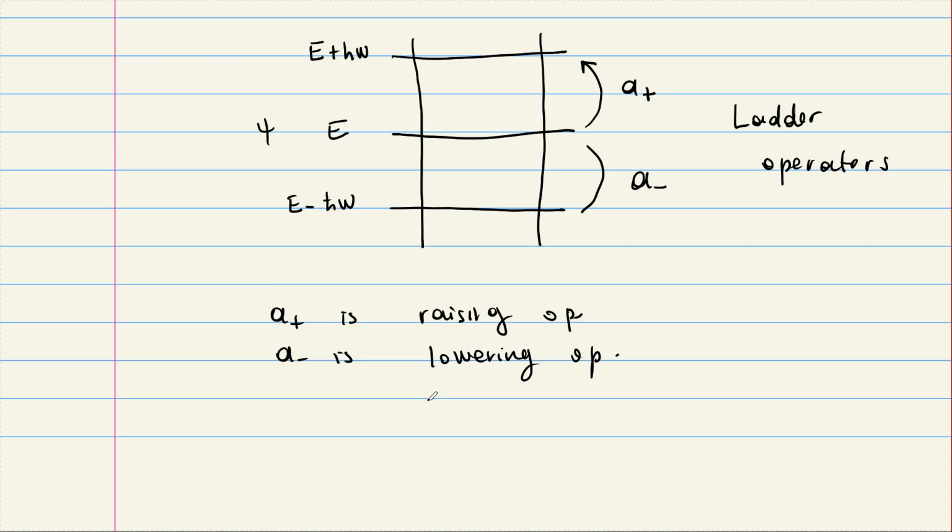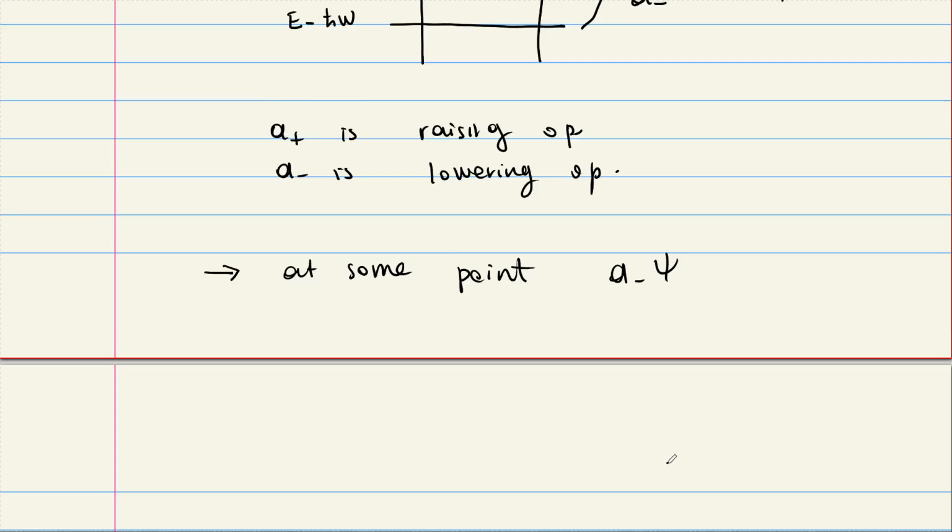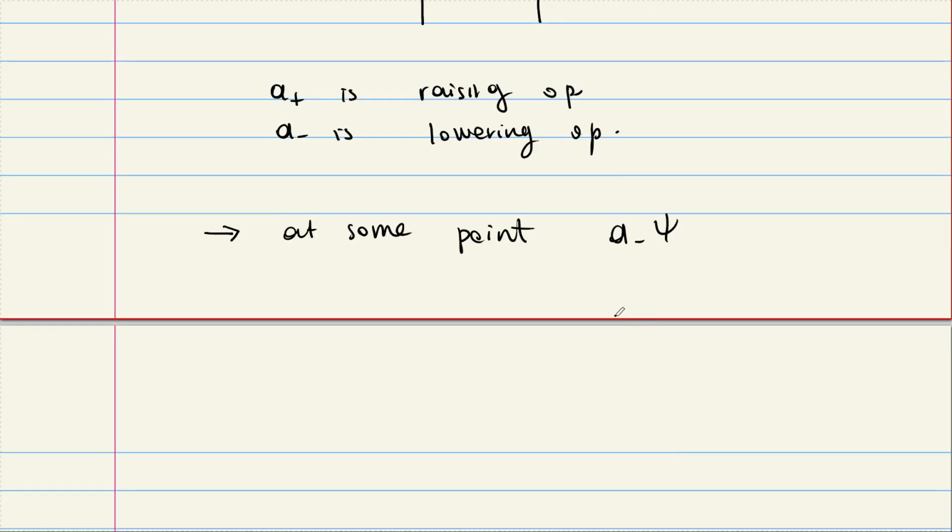And before going to minus infinity, at some point, if you keep hitting on the wave function, A minus dot dot dot A minus psi is going to give you E less than 0.